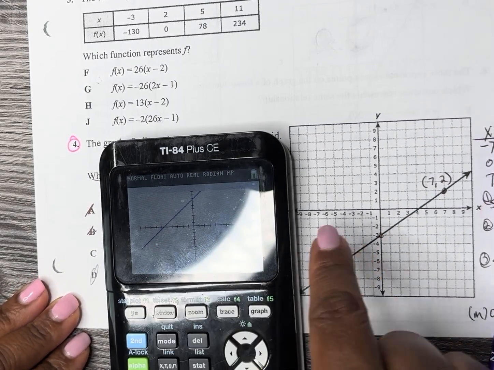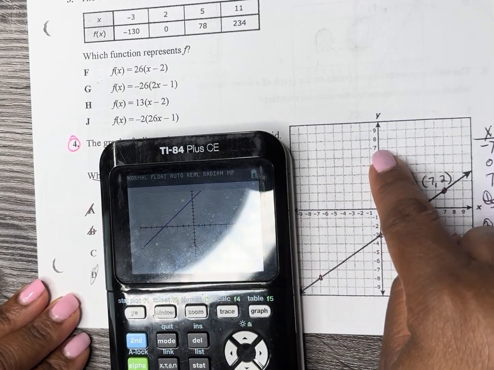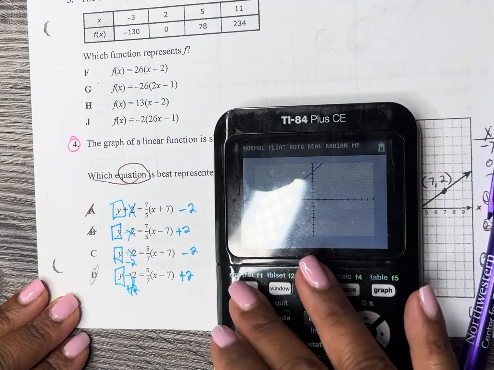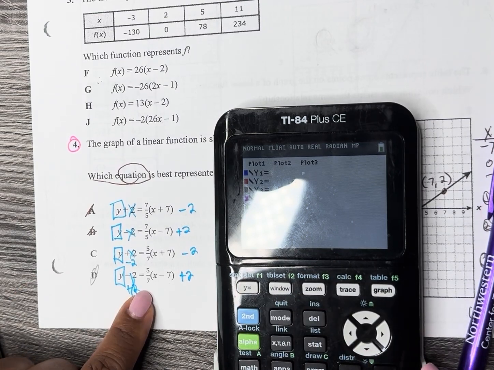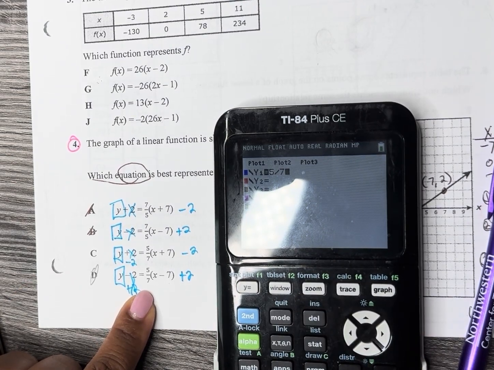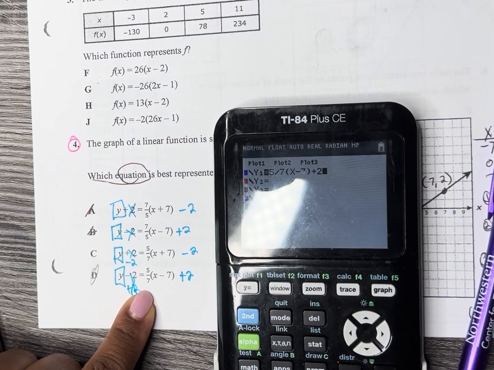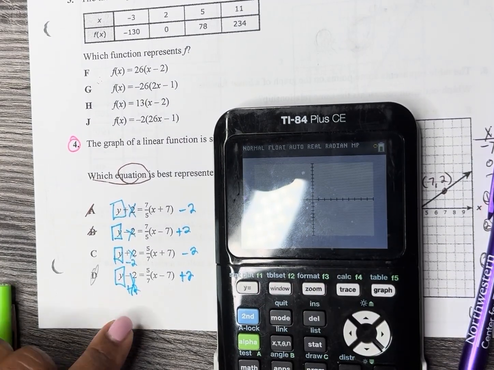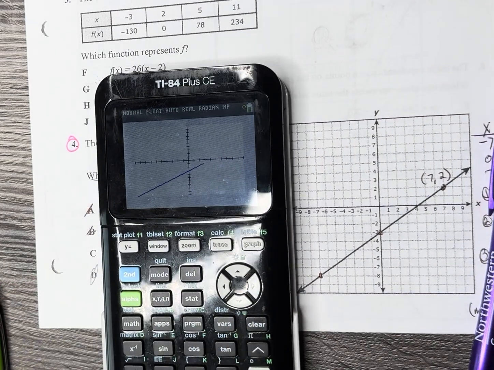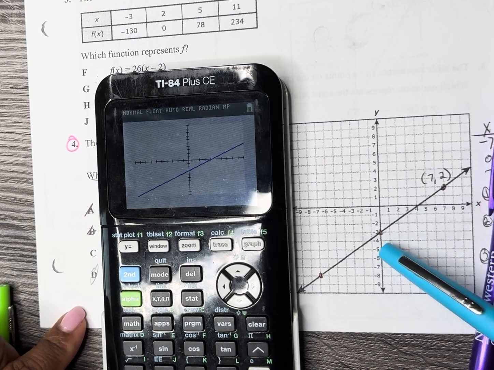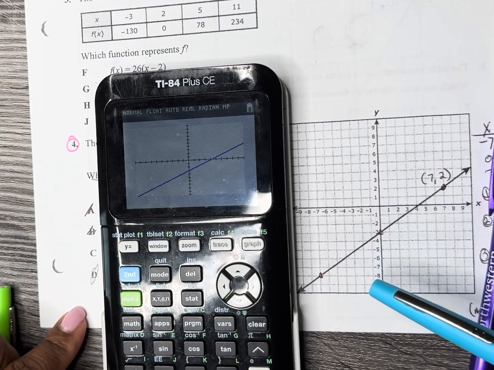Here, the x-intercept is over here. The y-intercept is up here. Not the same, so we know it's not A. And we can just go through and check each one. This is 5 over 7, parentheses, x minus 7, close parentheses, plus 2. Press graph. And what do you notice? That they cross and they intersect exactly where this graph intersects. That's why D is the answer.